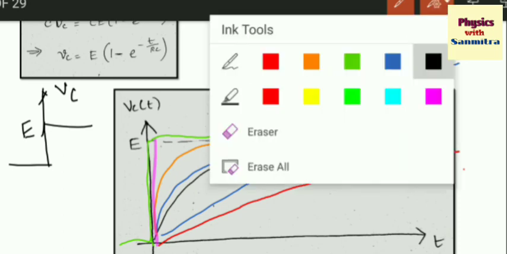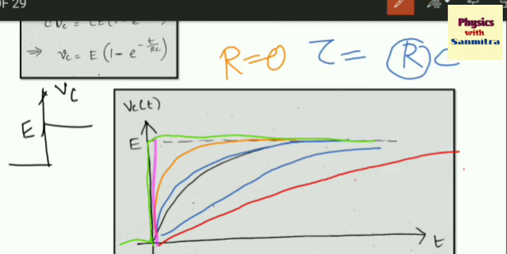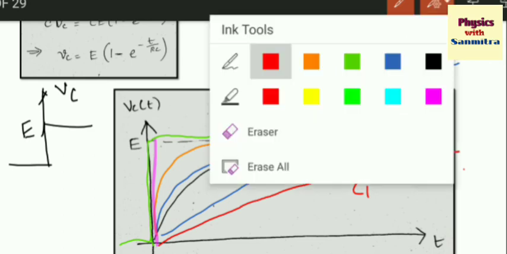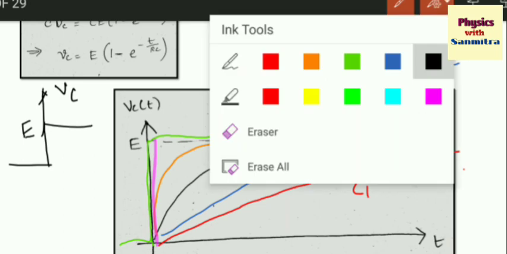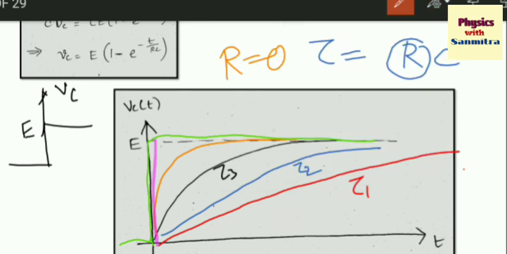So I can say this is T1, this one as T2, this black one as T3, this one as T4, and the green one as T5, and T5 is equal to 0. So it is going in the decreasing order, this side.